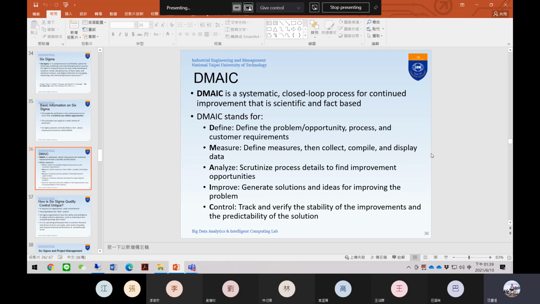Then analyze: scrutinize process details, try to get into the detail. What is it, why did this happen, how did this happen, and by whom, to find the improvement opportunities, generate solutions and ideas for improving the problem.